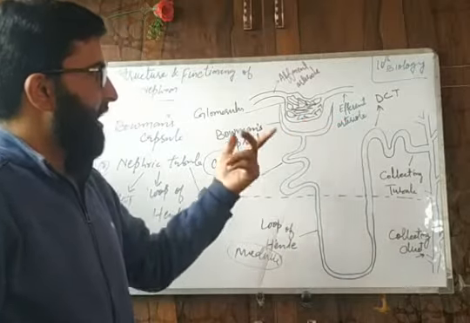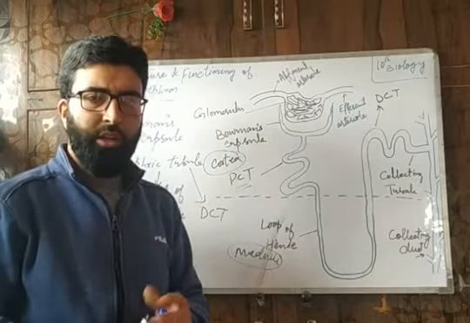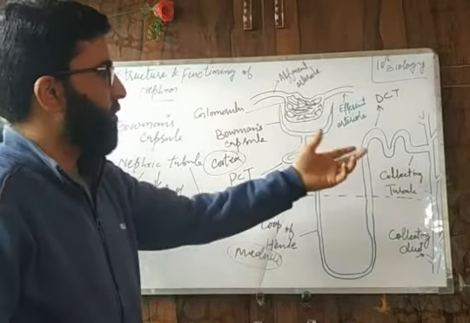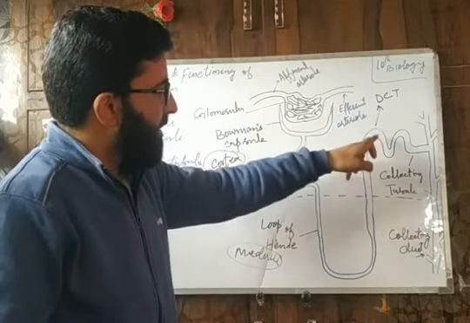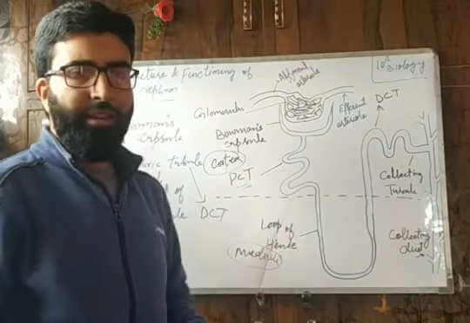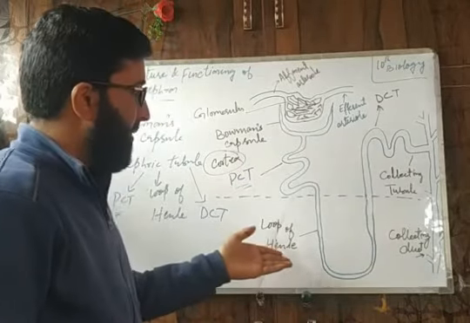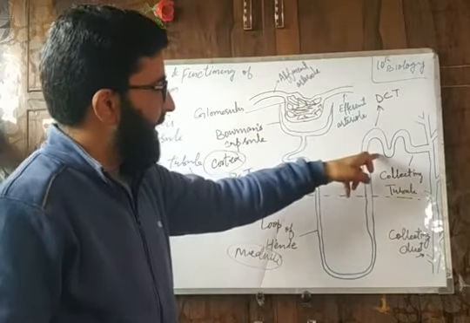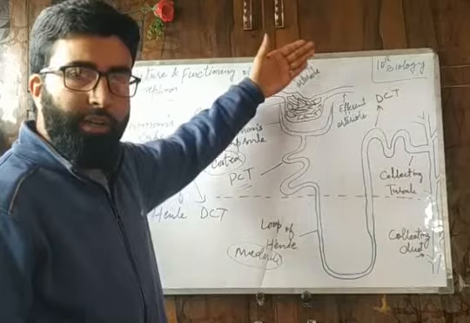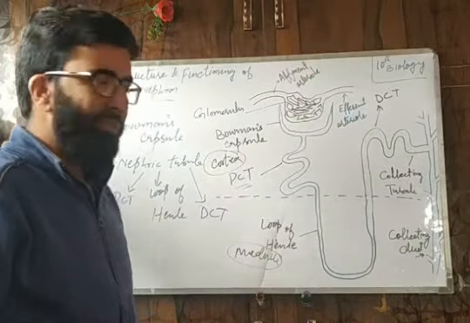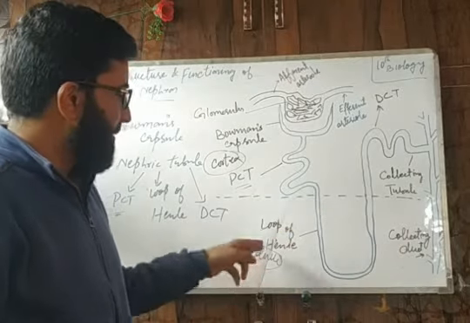As I said earlier, convoluted means coiled or twisted, and this tubule is called the convoluted tubule. This is also coiled, and this also lies in the cortex, and the loop of Henle lies in the medulla. It means the Bowman's capsule, PCT and DCT lie in the renal cortex, and only the loop of Henle, this U-shaped structure, lies in the medulla.